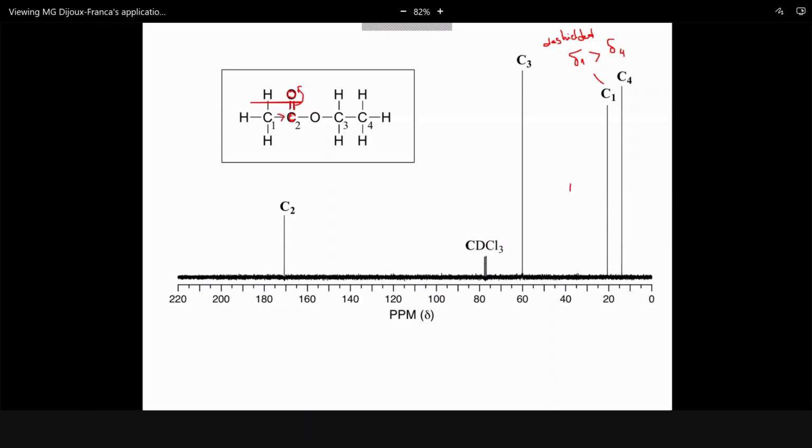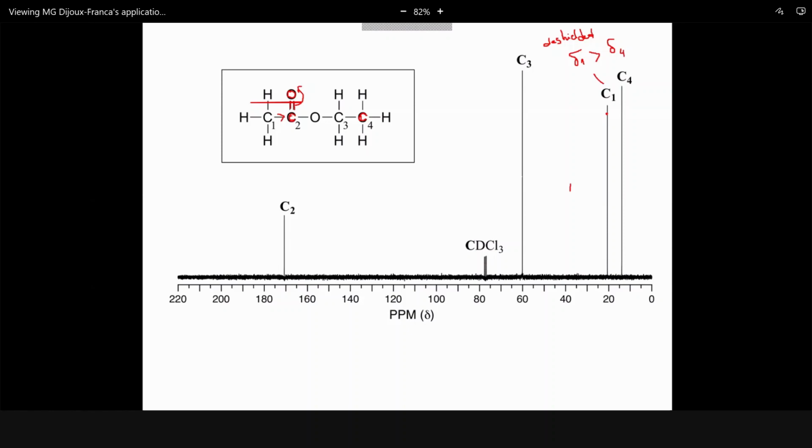So the electronic density is lower on carbon 1 because of this chemical group. So that's why, compared to carbon 4 here, we have a deshielding effect on carbon 1.